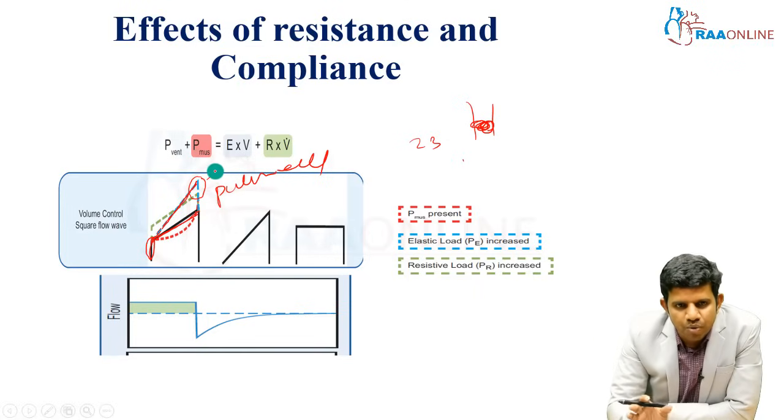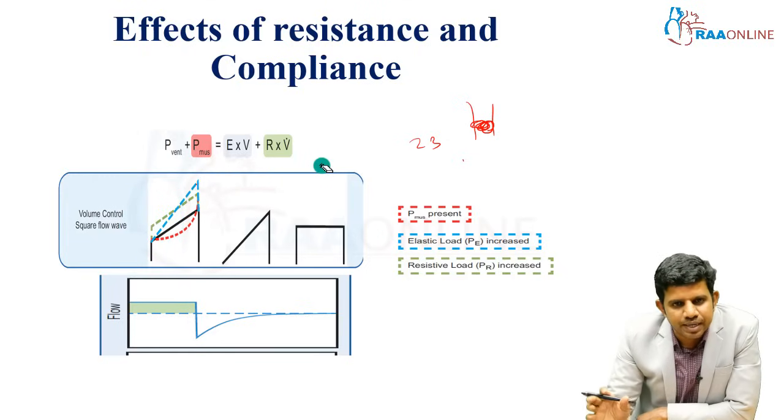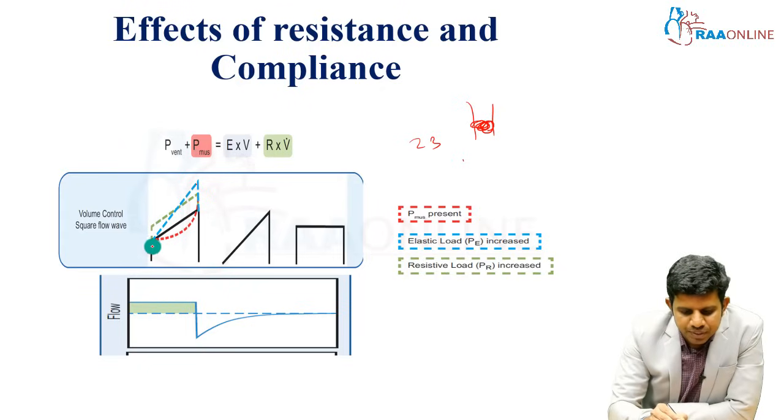How can I differentiate whether this high peak pressure is because of resistance or higher elastance? One thing you can identify is from the initial pressure. See here, if resistance is increased, the initial pressure will rise. Elastance won't increase the initial pressure. That is one way to differentiate between them.